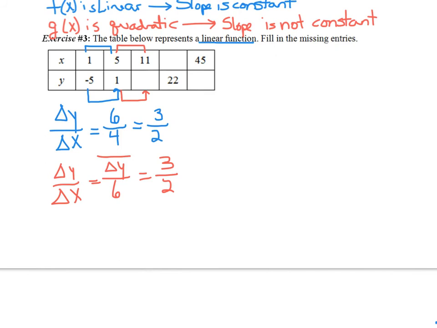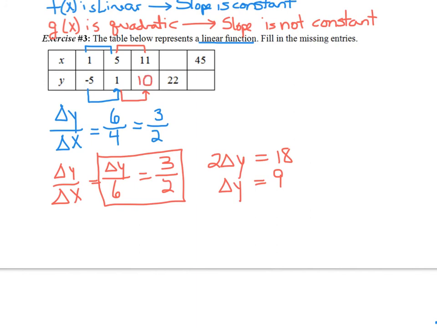We can consider this as a proportion, so I could cross multiply and say 2 times the change in y is equal to 3 times 6, which is 18. Dividing by 2, the change in y has to be equal to 9. So if I'm starting at a y value of 1, I need to change by 9 and bring it up to a y value of 10.